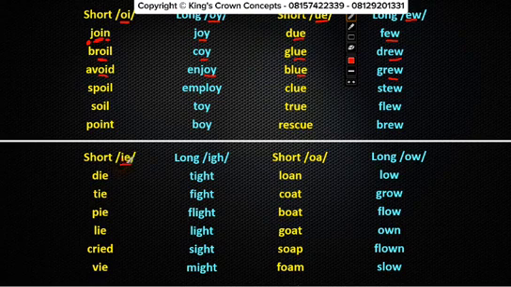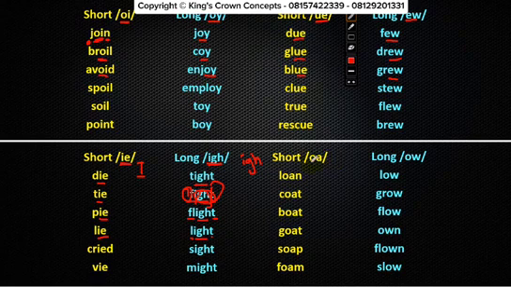We have phonogram I as in capital letter I, short I as in die, tie, pie, lie. We have long I, G, H. Tight, fight. You discover that only the first letter and last letter is being heard with this phonogram, as in I. This is flight, flight, light.